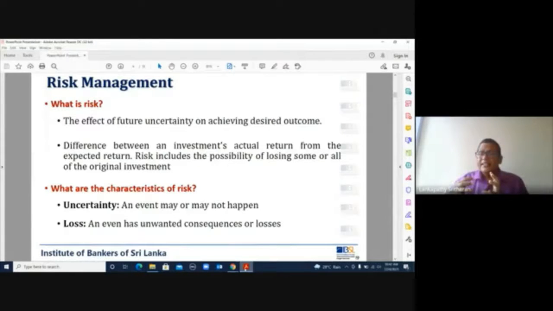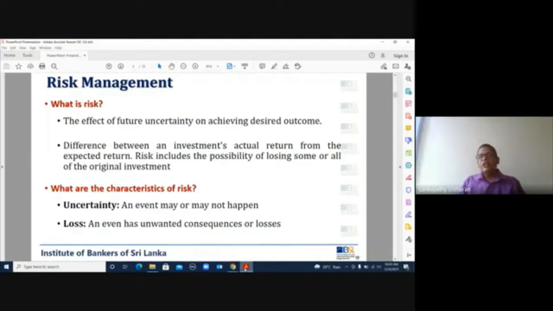So the actual return would be 5.2%, but our expected return is 10%. Then we can't select that first option of investing in treasury bills.